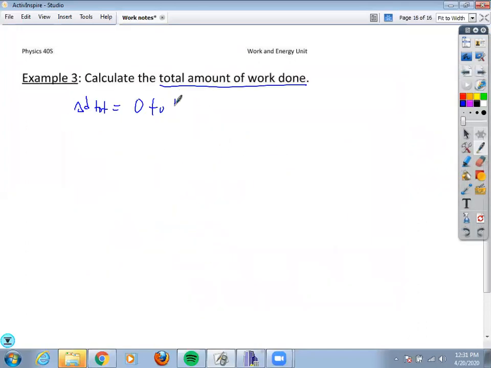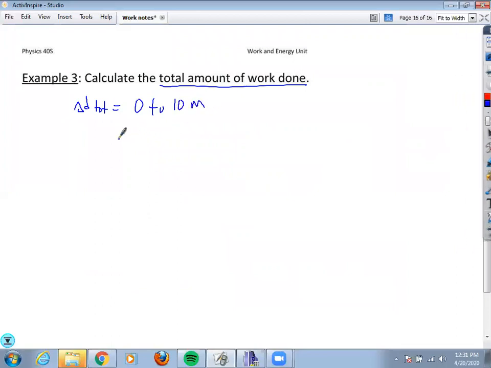So 0 to 10 meters. So we will find the work done in sections of the graph and add them.